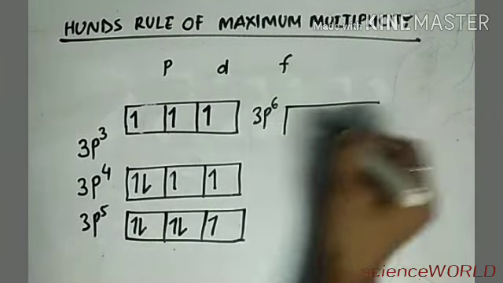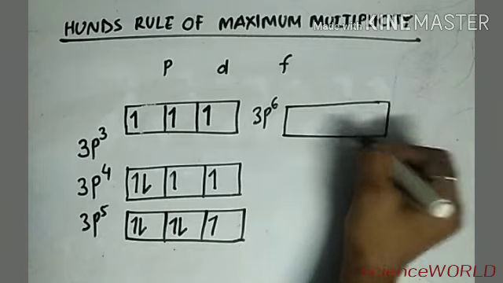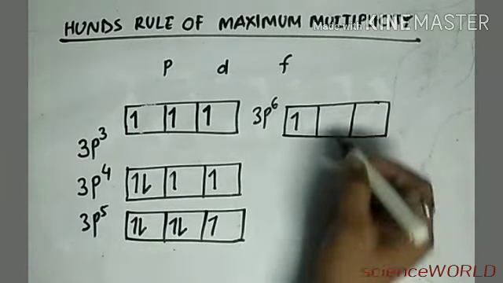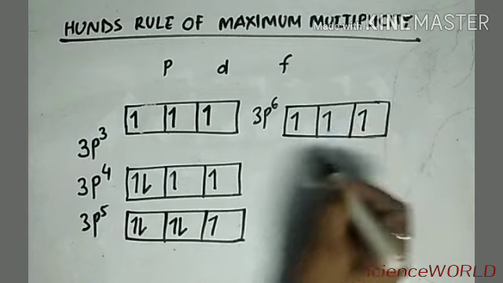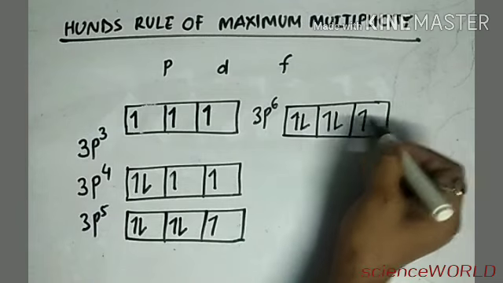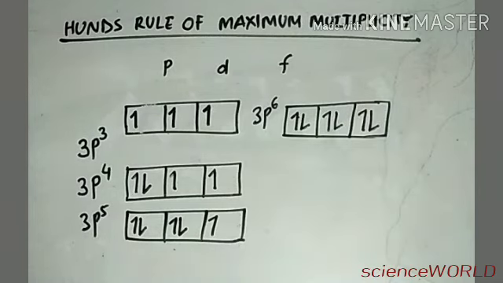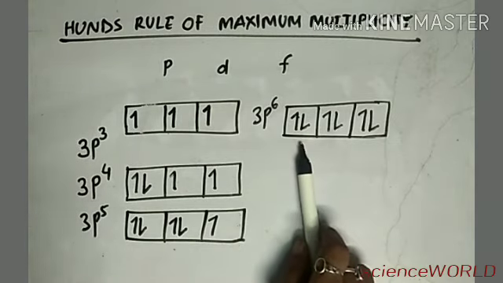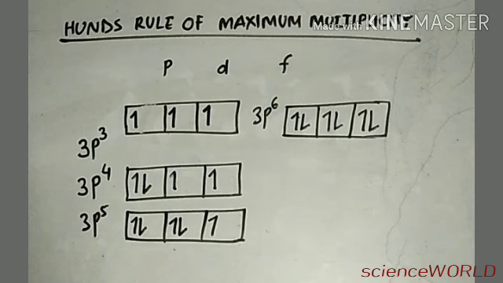Then the electrons can be filled like this: 1, 2, 3, 4, 5, and 6. So pairing has to be done after filling electrons in each and every orbital, right? So this is Hund's rule of maximum multiplicity. Thank you very much.